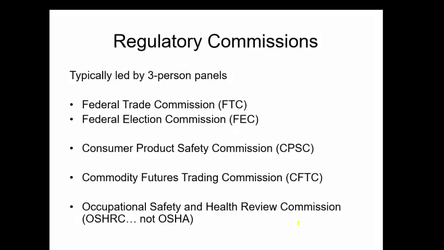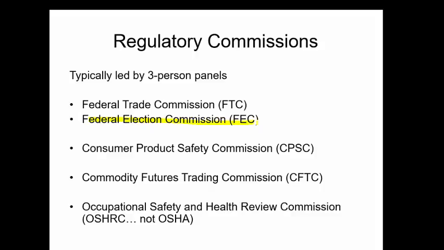And then finally, we're looking at our regulatory commissions, and these are typically led by 3-person panels that are appointed by the president. Those 3-person panels vote on various regulations and rulings over any particular sector. The Federal Trade Commission looks at any types of disputes over trade that somebody might have.